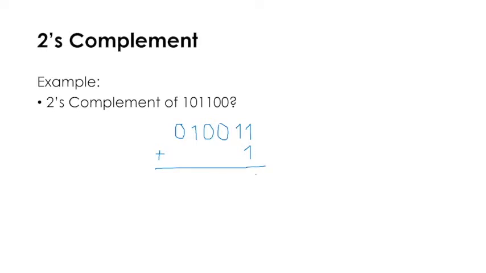So 1 plus 1 is equal to 0, and then carry 1. Then 1 plus 1 again is equal to 0, and then we carry 1. Then 1 plus 0 is 1. Then we bring down the others.